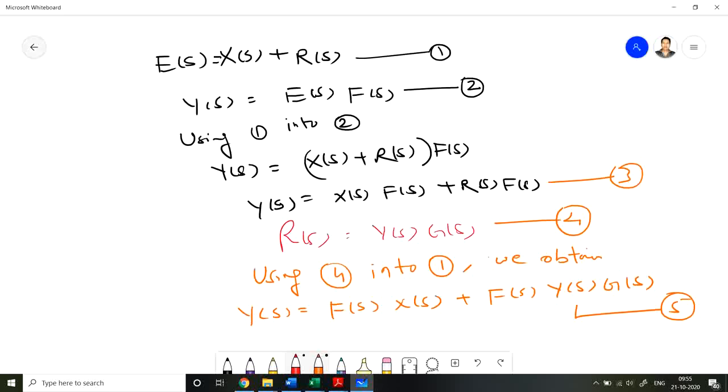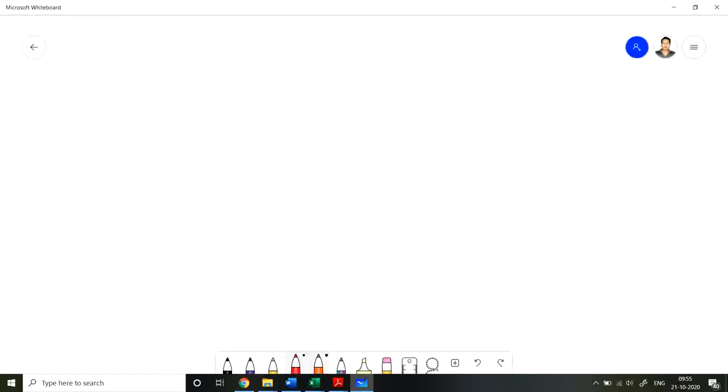So we finally get Y(s) divided by X(s), that is H(s), the transfer function, equal to F(s) divided by 1 minus F(s) into G(s).